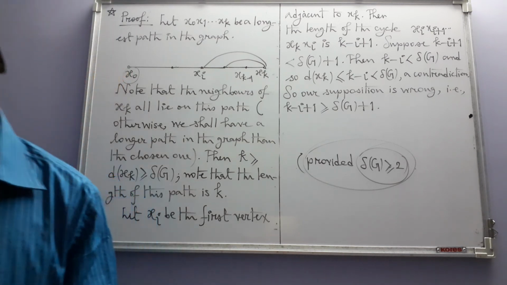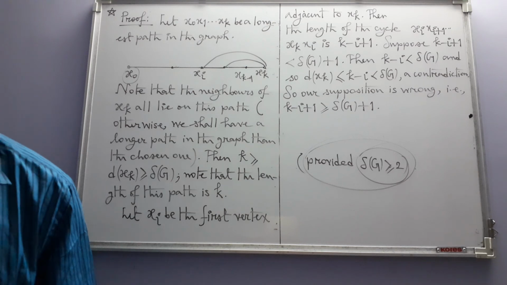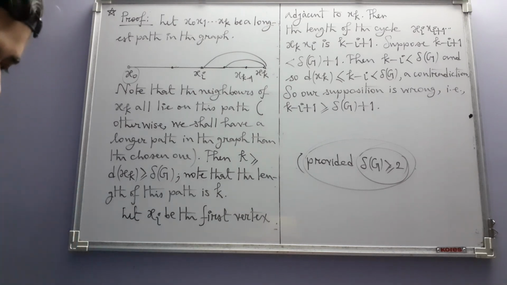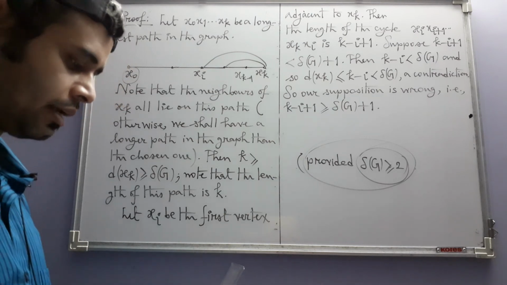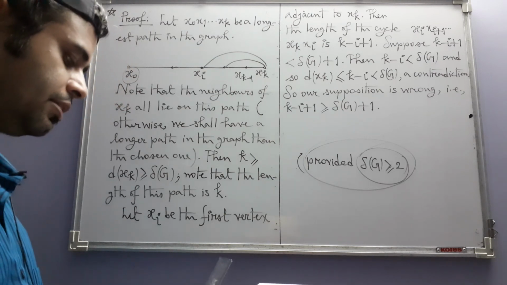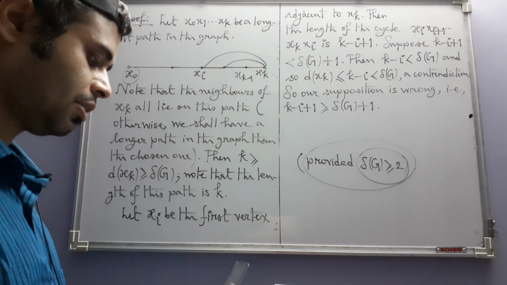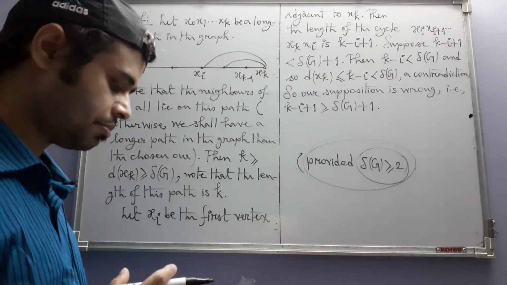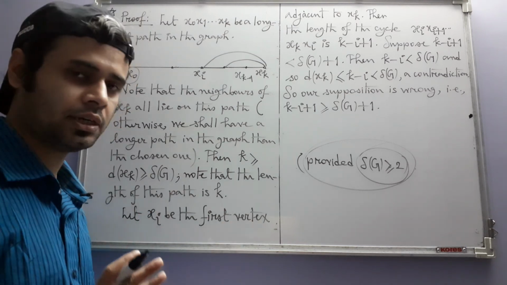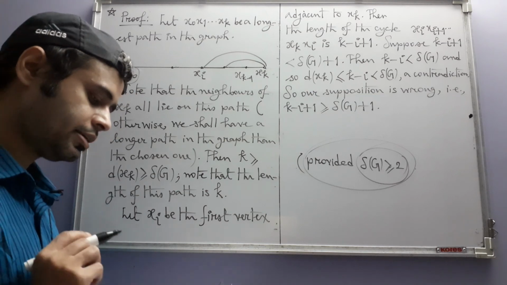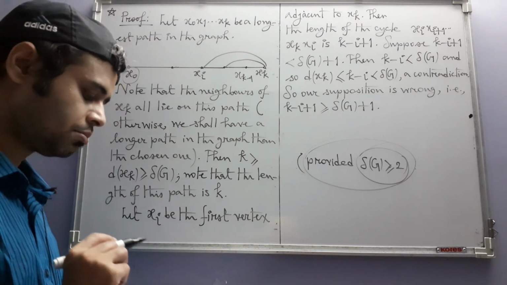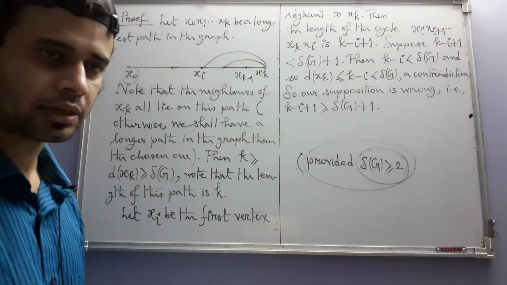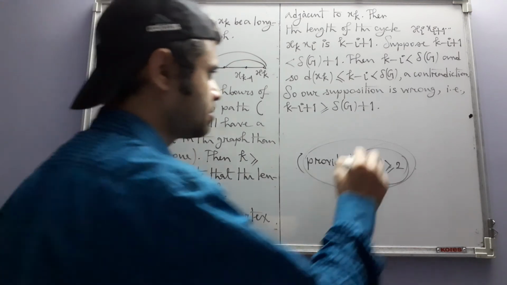And if you just look at the statement of this proposition, it's not immediately apparent that this is the case. Every graph G contains a path of length the minimum degree of the graph, and a cycle of length at least minimum degree plus 1, provided the minimum degree is greater than or equal to 2. So this completes the proof of this proposition.